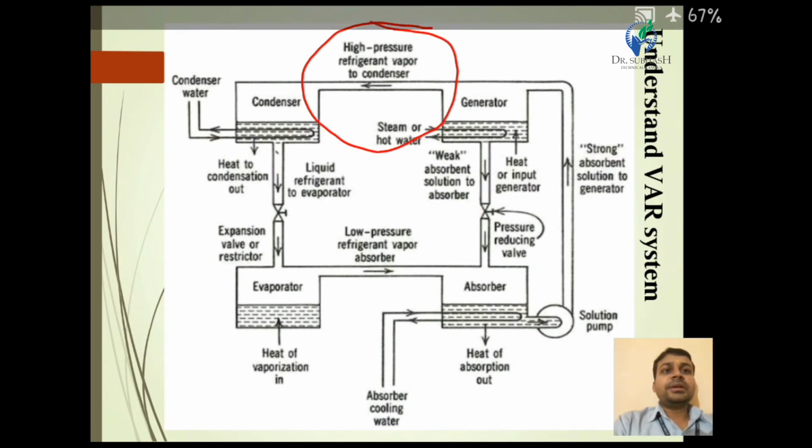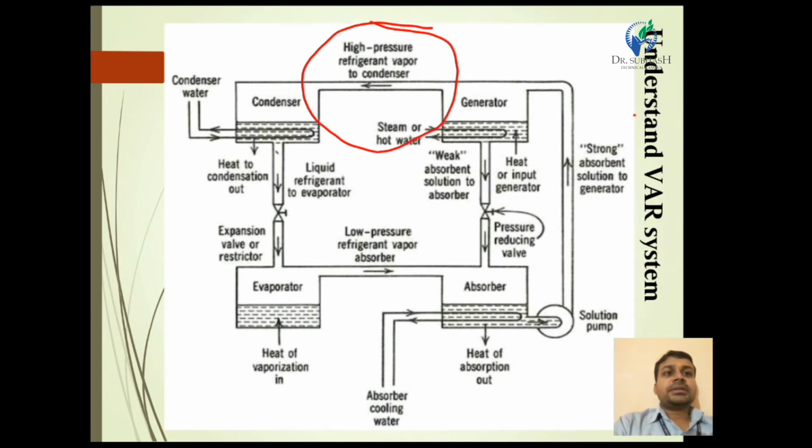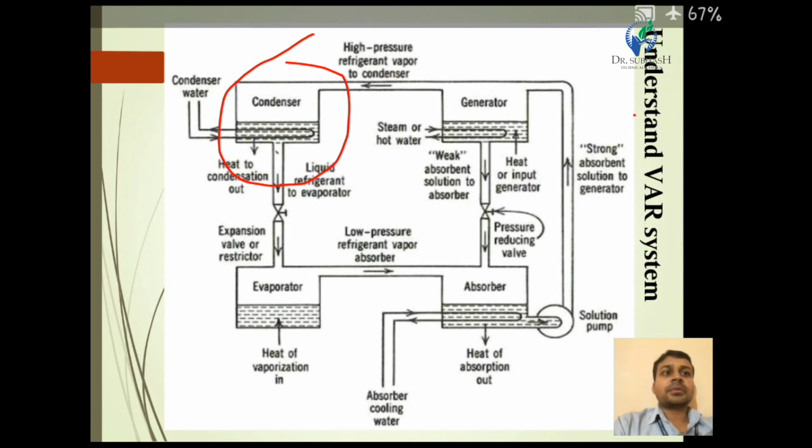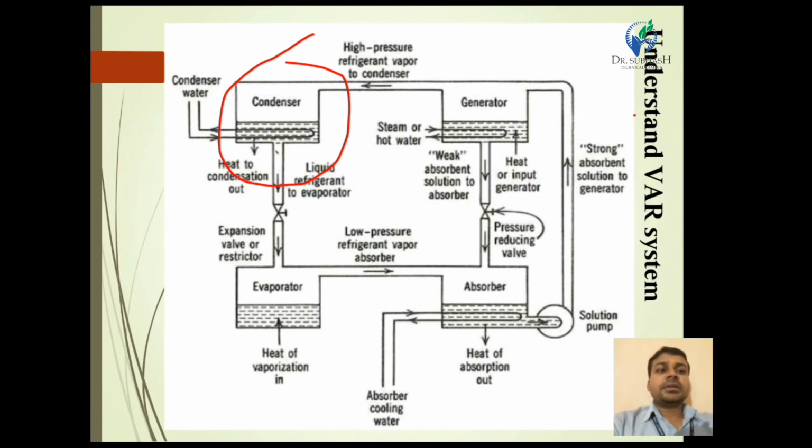In between the generator and condenser, there is one analyzer and one rectifier mounted to separate the H2O and pass only NH3 vapor to the condenser. In the condenser, the gas refrigerant is converted into liquid NH3 refrigerant, and more heat is rejected in the condenser.